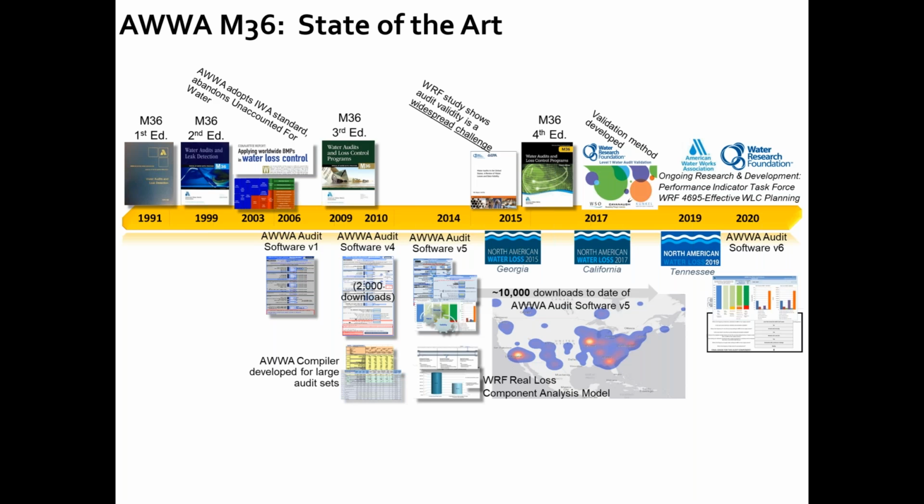It comes out every 5 to 6 years to capture the latest developments in the science and application of water loss management, new developments in modeling, analysis and technologies, etc. You can see there have been some other things happening on the timeline: the release of the freely available water audit software, now in its 5th generation. Next year we'll release its 6th generation, and of course there is the North American Water Loss Conference.